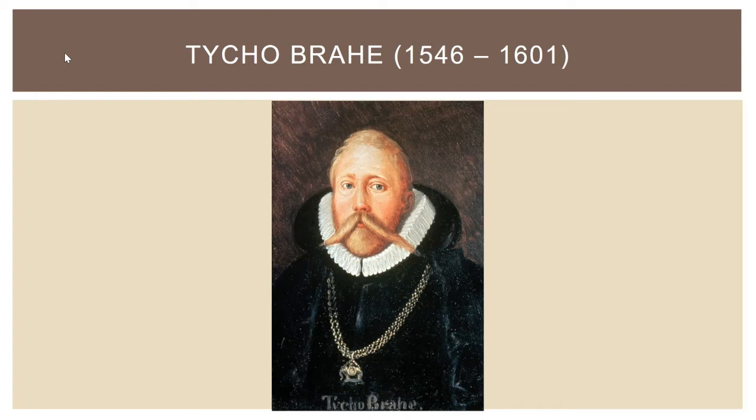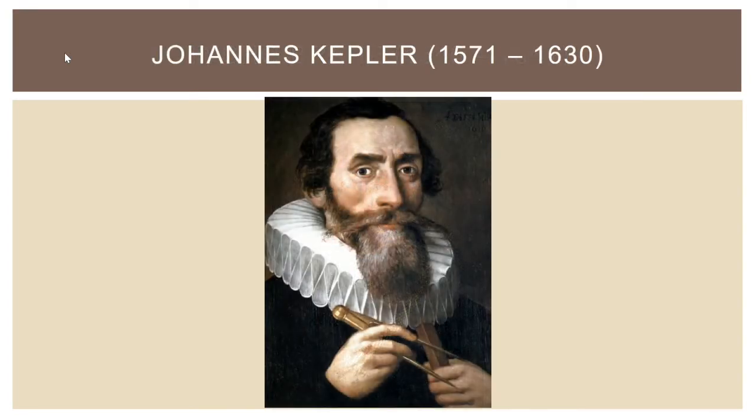And because taking this kind of data is such laborious work, he was very protective of his data. He wouldn't really let anybody take a close look at it. And one day, he hired a lab assistant named Johannes Kepler, and Kepler impressed him.